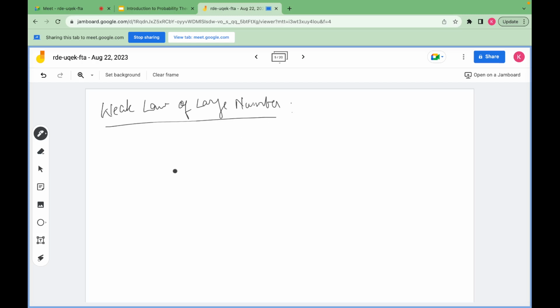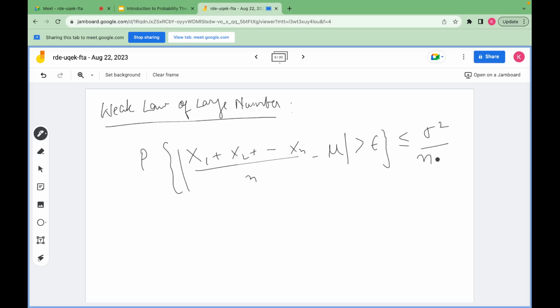So here it is said that the probability that the sum X1 plus X2 plus Xn, minus mu, is greater than epsilon is less than or equal to something, where X1, X2, Xn are IIDs.